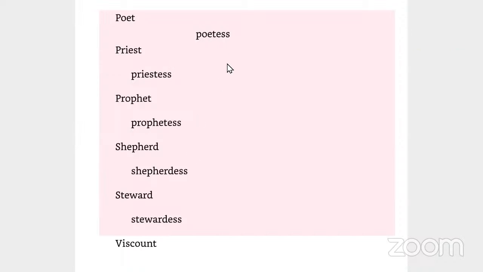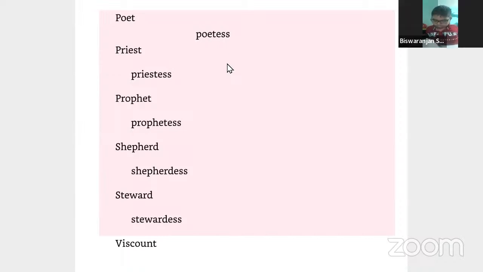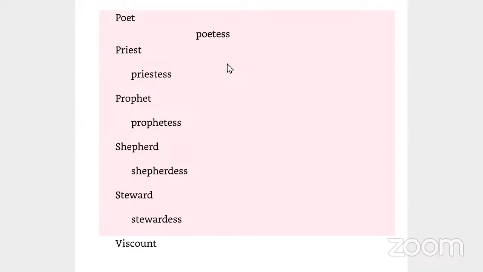No doubt. So, can anyone tell me what's the meaning of the word prophet? Sir, a priest. A prophet is not a priest. Prophet is a person who can see the future. Yeah, correct. Prophet is also a person who claims himself to be the messenger of God.